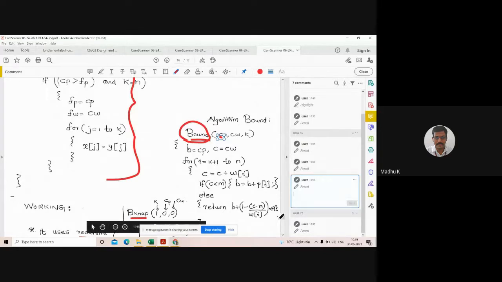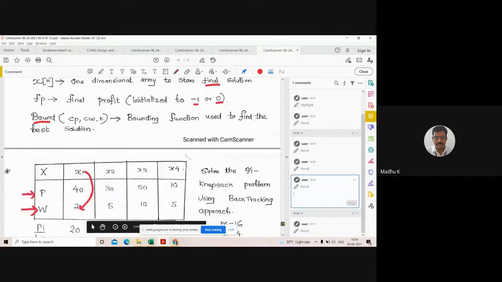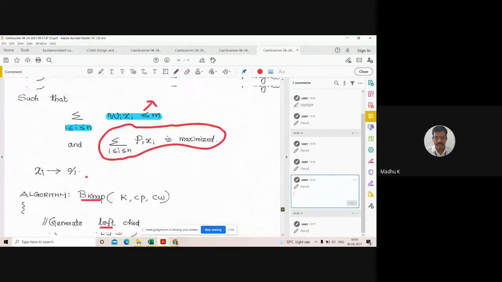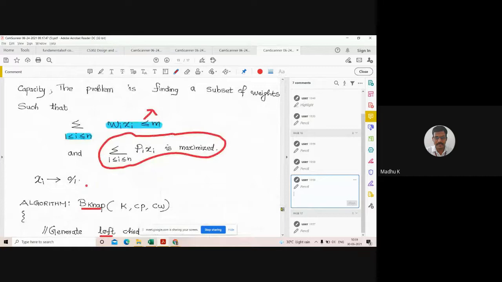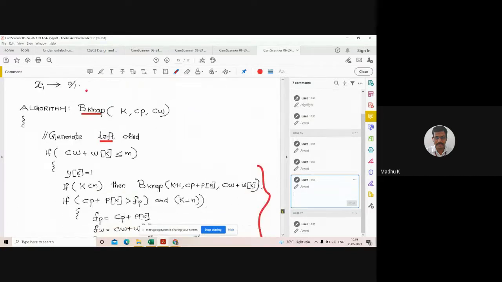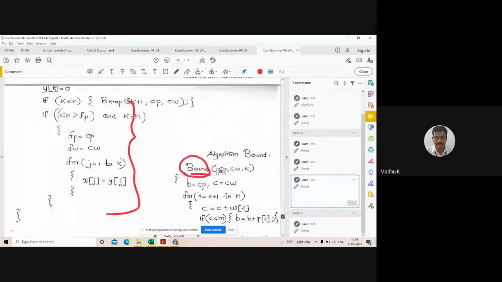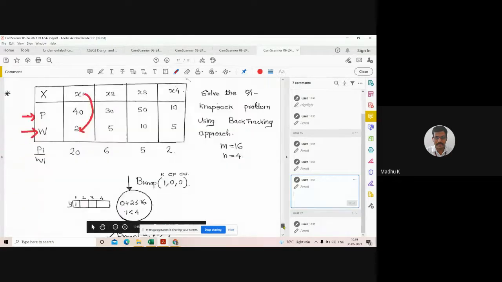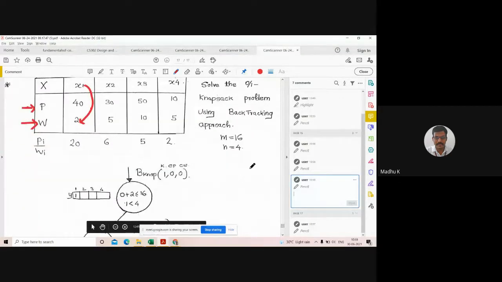So this is about the parameters used in this algorithm. First we discussed the structure of the algorithm, then we discussed the important parameters. It is a recursive algorithm. Now what we are trying to do is analyze the working of this algorithm.